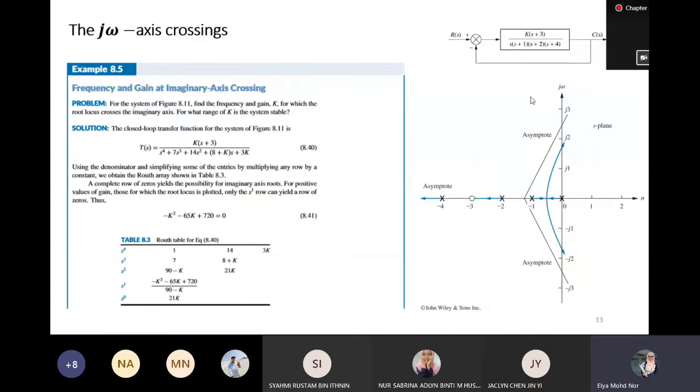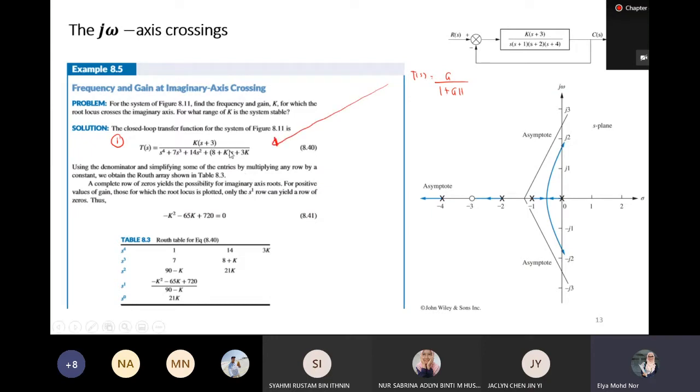For this example, the first step is we have to find the closed loop transfer function for this system. In this case, the closed loop transfer function is equal to G over 1 plus G. So using this, you are able to get this closed loop transfer function.